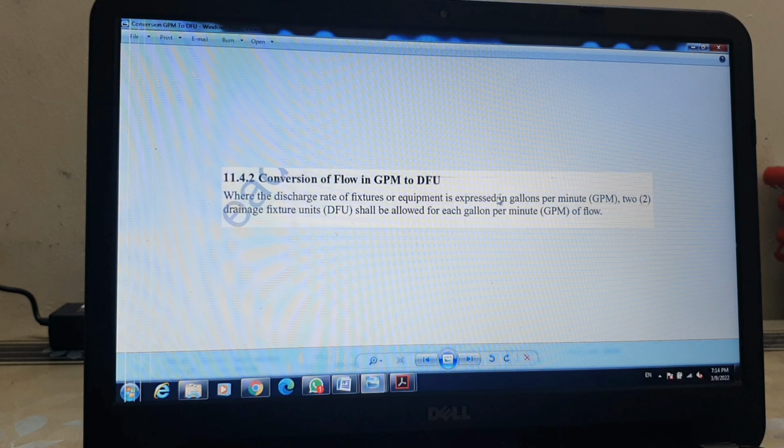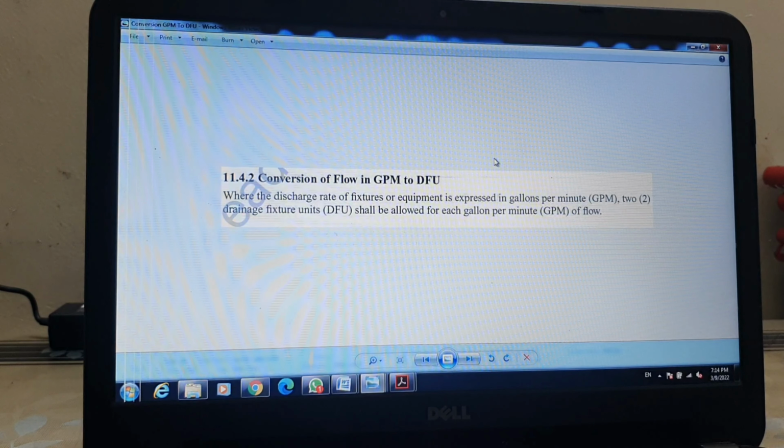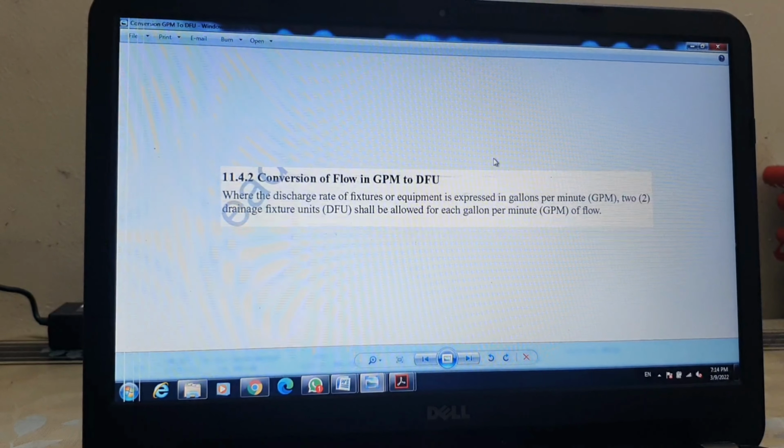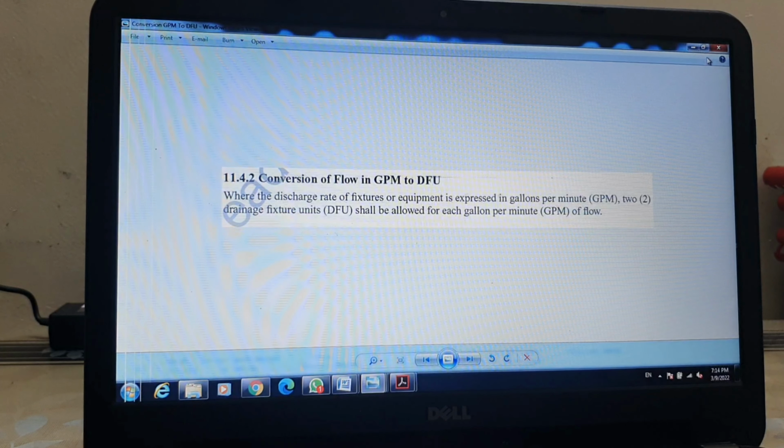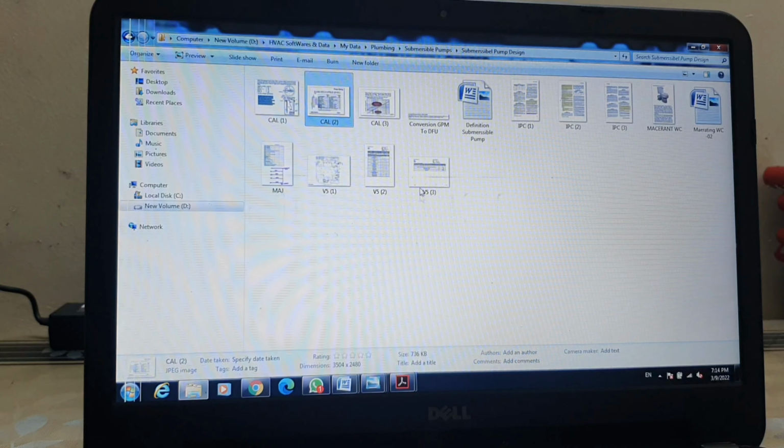So we have to use the proper way described by UPC, IPC, and international codes, so that we can get the proper and exact capacity.